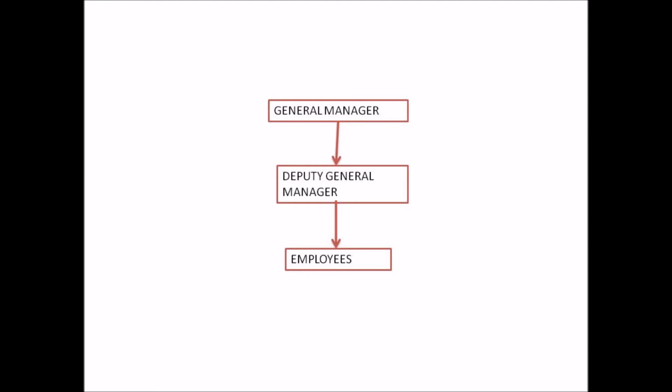At the top we have the general manager. Under him we have the deputy general manager, followed by the employees. This diagram represents a tree structure: at the top the general manager, below him the deputy general manager, and then the employees. So this is an example of the hierarchical data model.